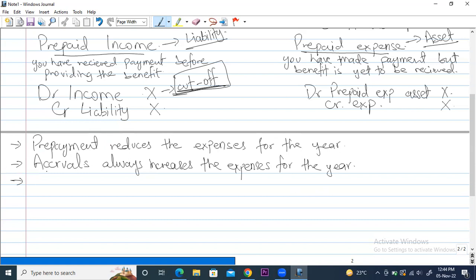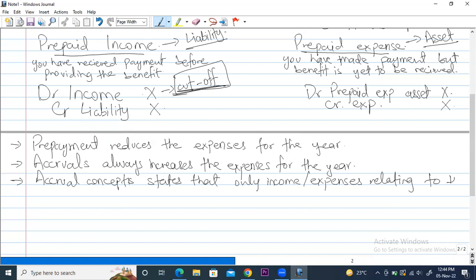Over here, I was telling that the accrual concept states that only income or expenses relating to the period which it relates to should be recorded.